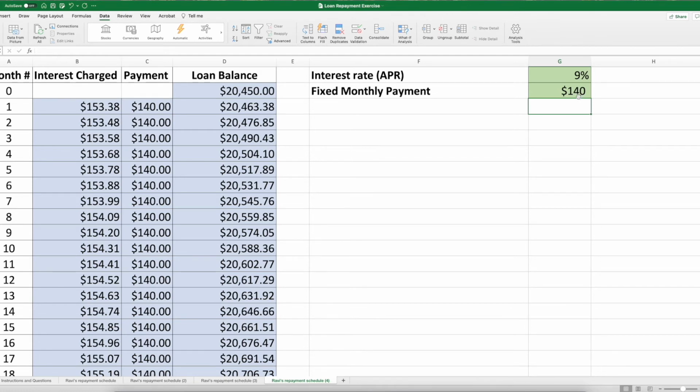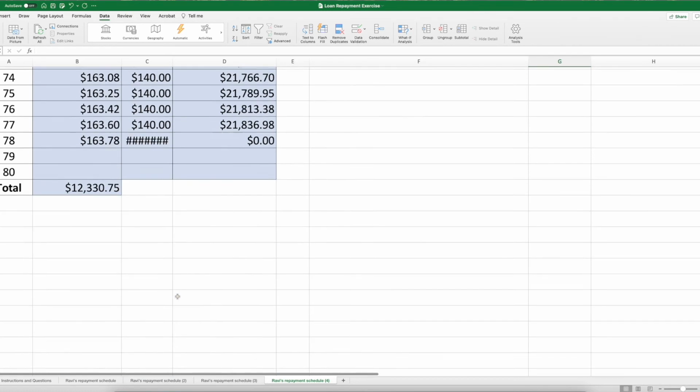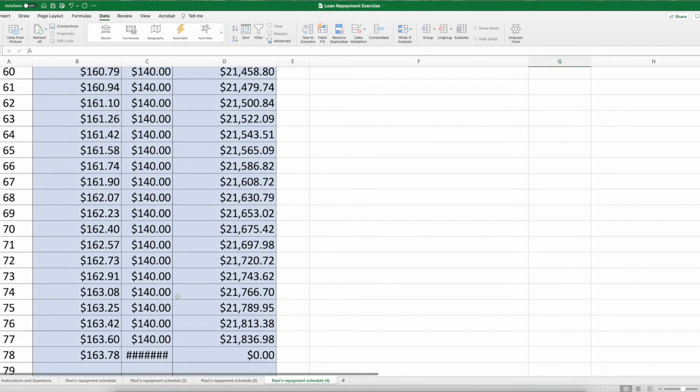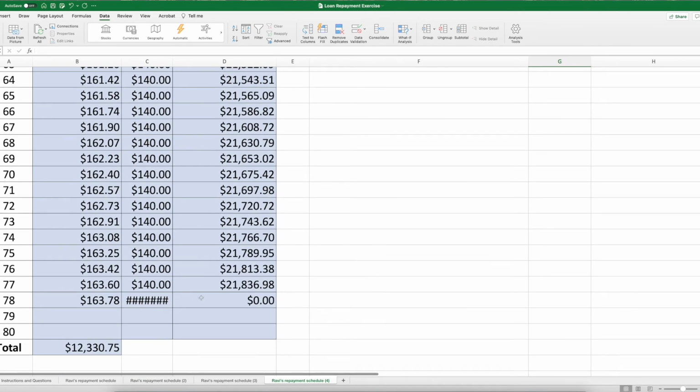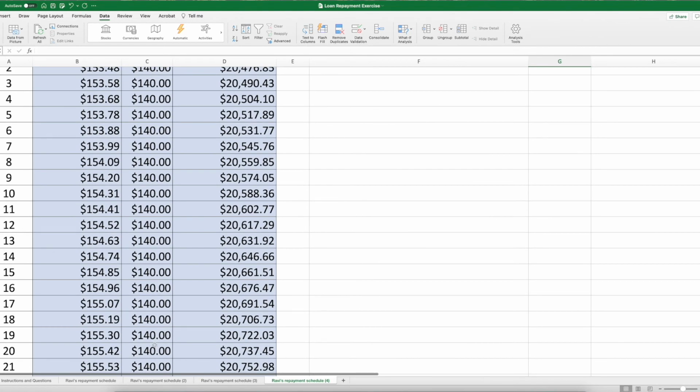So paying $140 a month means that his loan balance is going to grow and he's never going to pay off the loan. At the end of month 77, he owes 21,836, which is more than what he started off with.